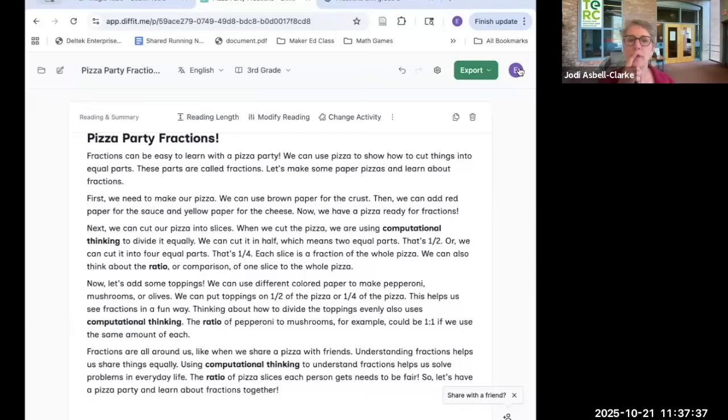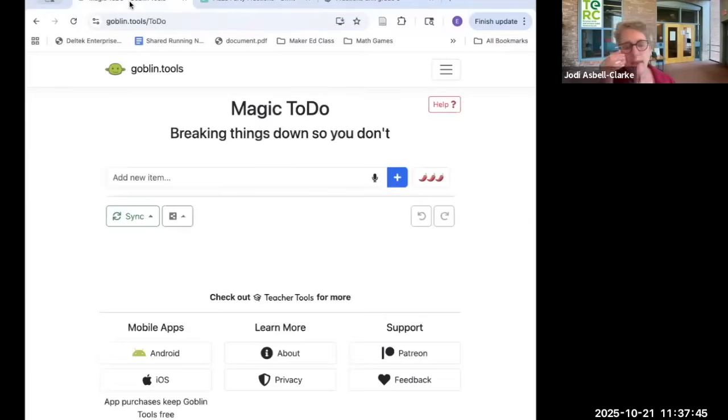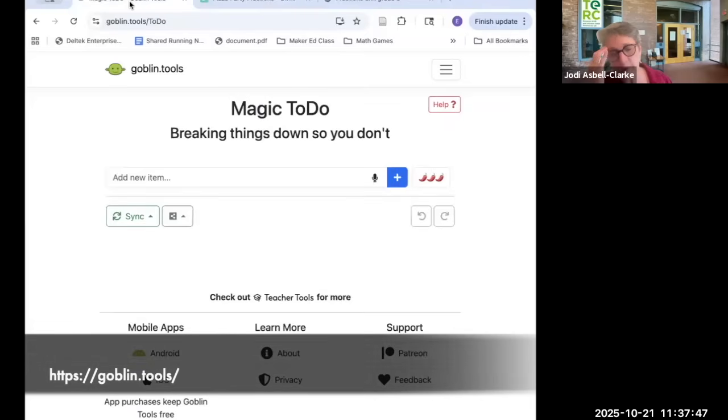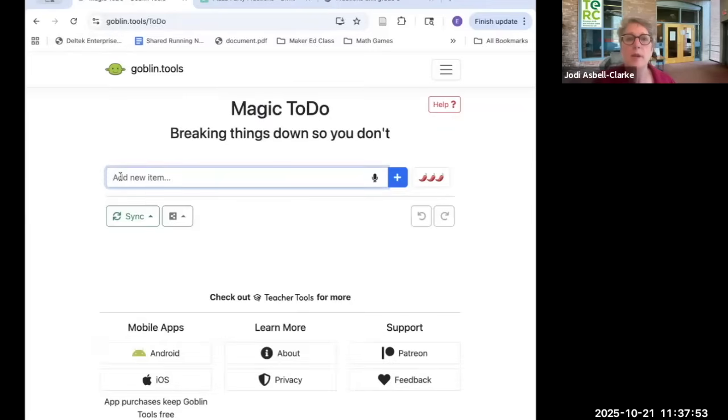I have one more tool I'd like to show you that's a little different than all this, called Goblin Tools. This is not for teachers as much. I also do executive function coaching with learners, mostly high school and university learners who know what they want to get done.